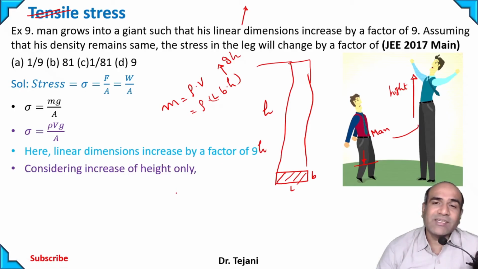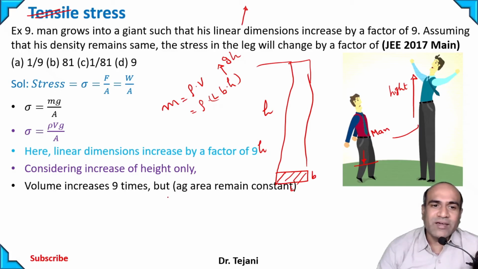So considering increasing height only, volume increases only 9 times, because the new mass of the giant becomes rho L B, 9 times H. So let us just consider volume.